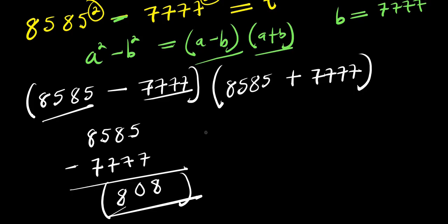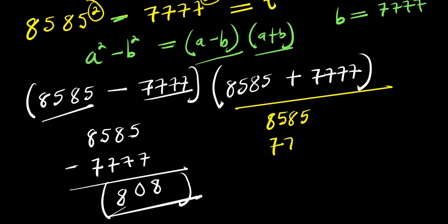Now, the next thing we are going to do will be to sum up this. 85 plus 77. This is 5 plus 7, 12. 2 carry over 1. 8 plus 7 plus 1, 16.